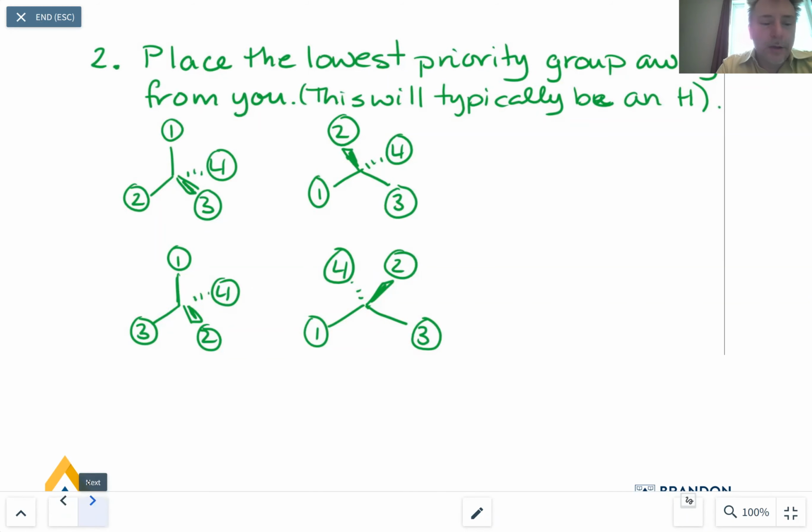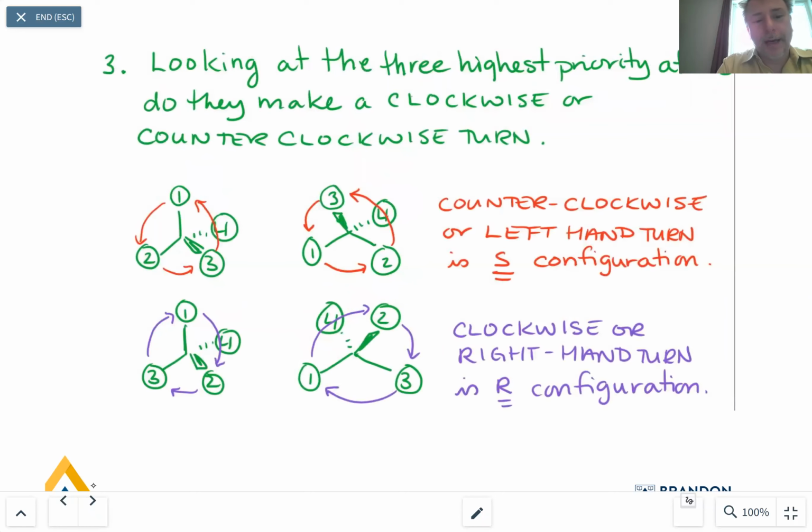Right. So once it's pointing away, you look at the remaining 3 substituents and you say to yourself, if I go from first, second to third, is this counterclockwise or is this clockwise? Is it going 1, 2, 3 in a clockwise fashion?